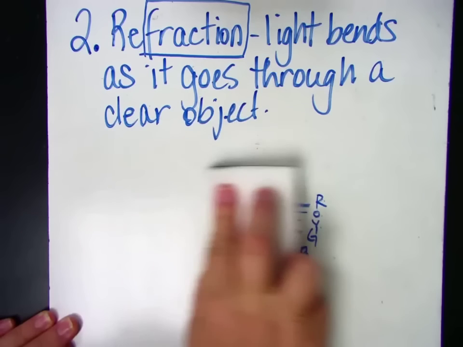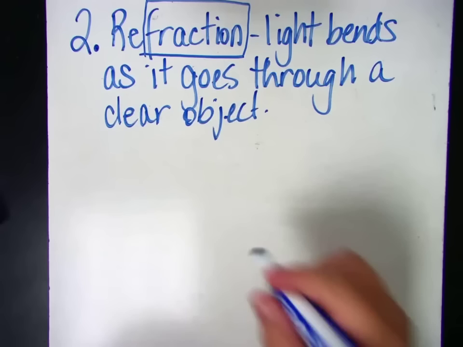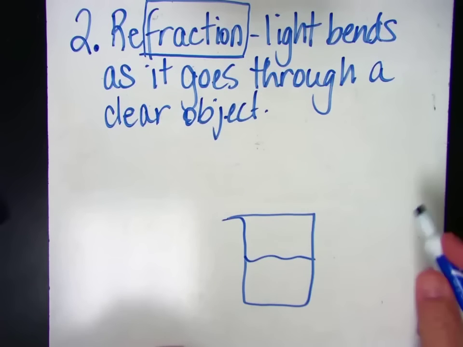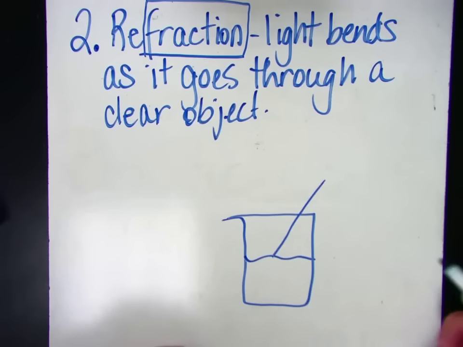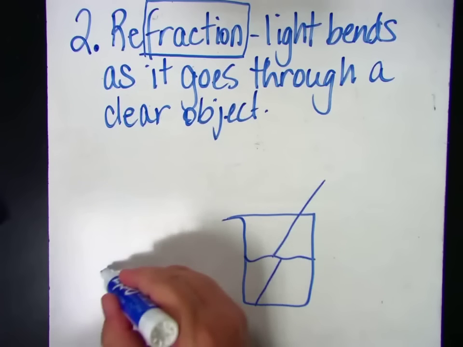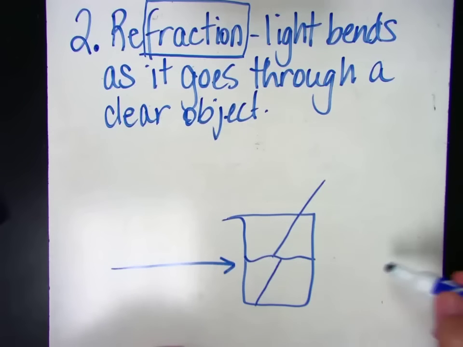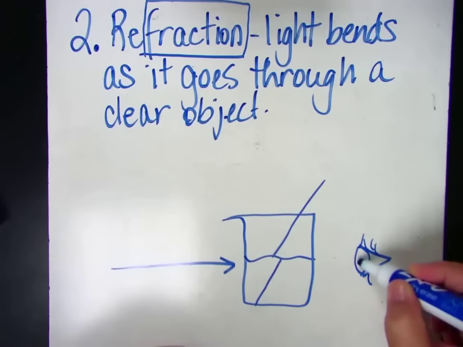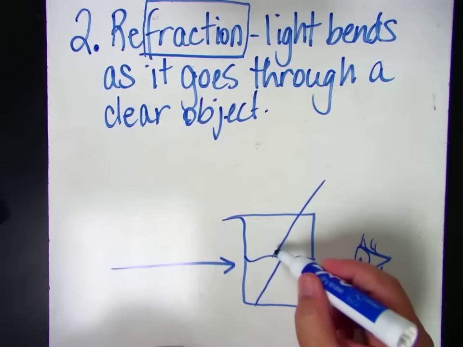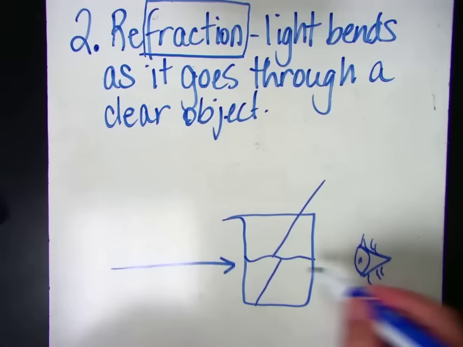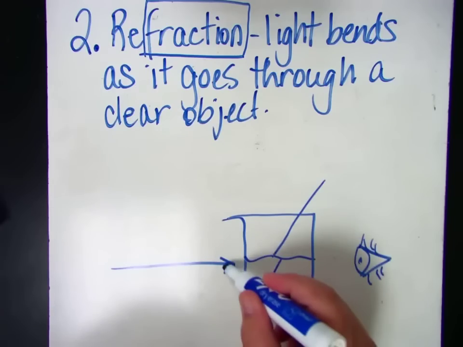Another way that we demonstrated refraction was when we took a cup or a beaker, if you recall, and I put some water in it, and then I put a pen in it. And the pen actually looked like it was broken, because what happens is the light hits the water, and your eye actually sees the pen as bent or broken because the light that hits your eye actually is bent.